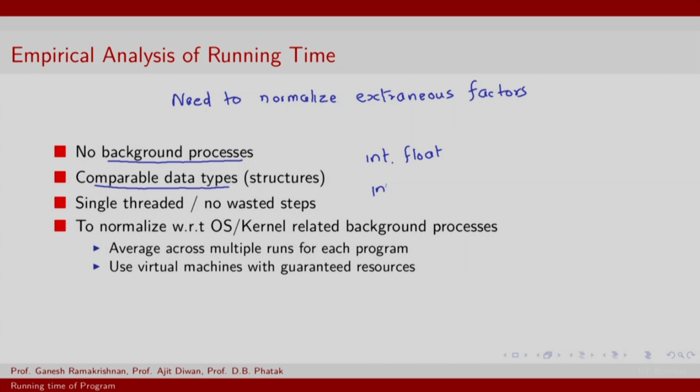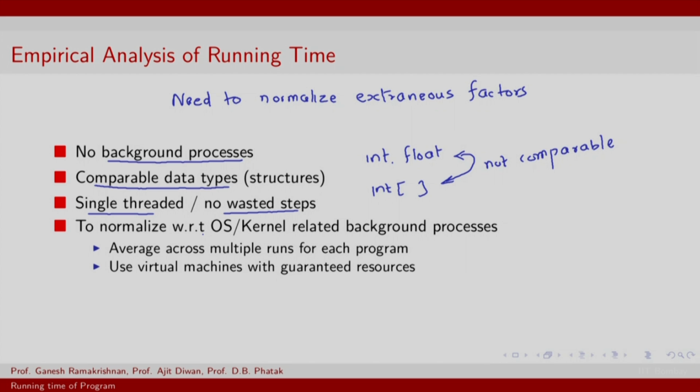However, an int array is certainly not comparable with either of these. So we need comparable data types. We will also assume that the implementation is single threaded, and we will also assume that there is no idle time because of some scheduling problems. So single threaded and no wasted cycles.